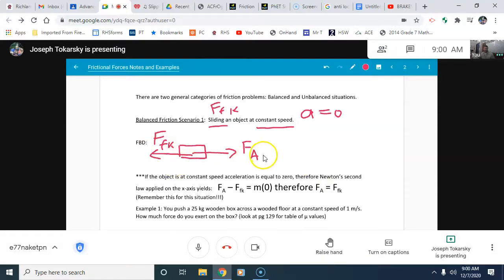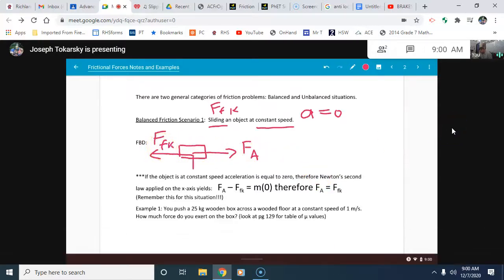Whatever I'm pushing with my applied force equals the kinetic frictional force, and we'll prove that in a mathematical statement. And we do have forces on the y-axis as well: weight pointing down, or force due to gravity, and normal up.